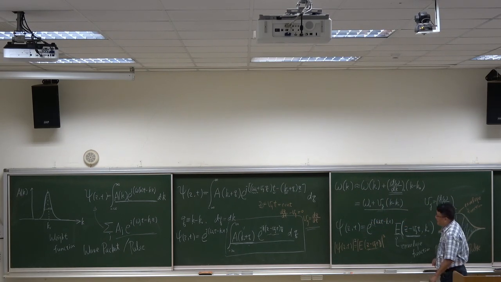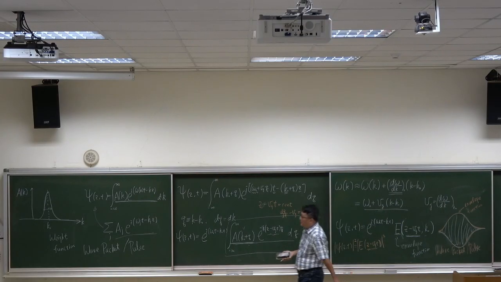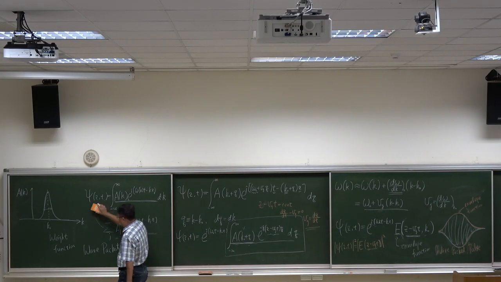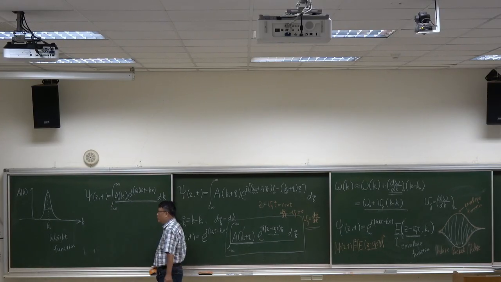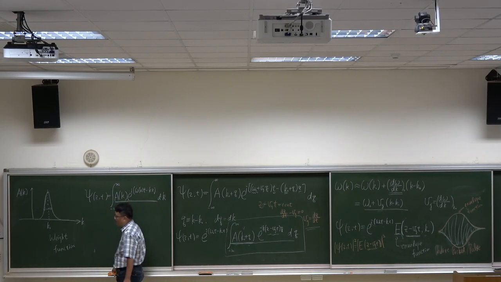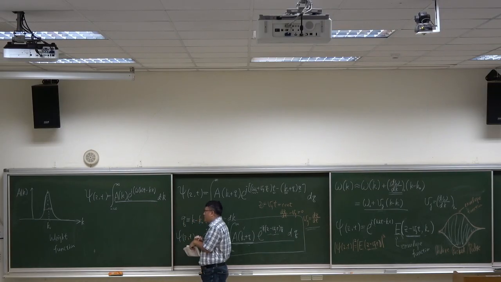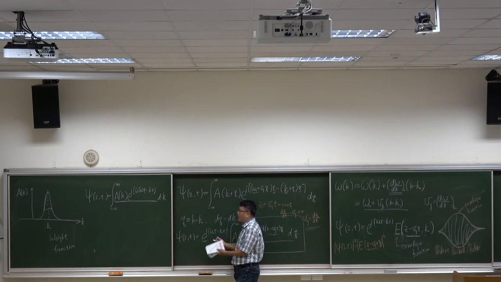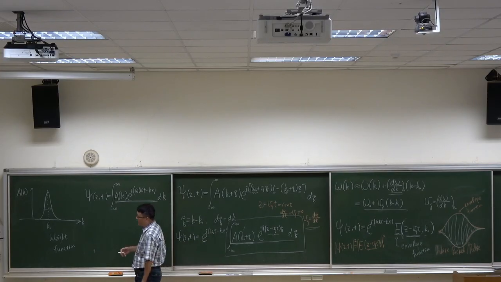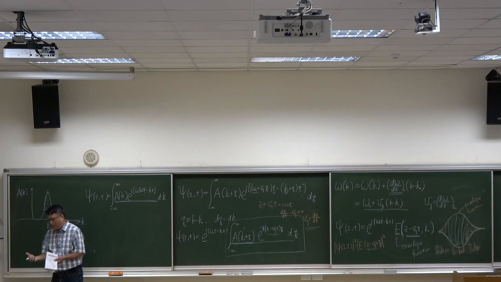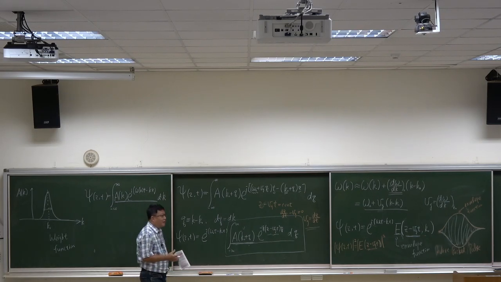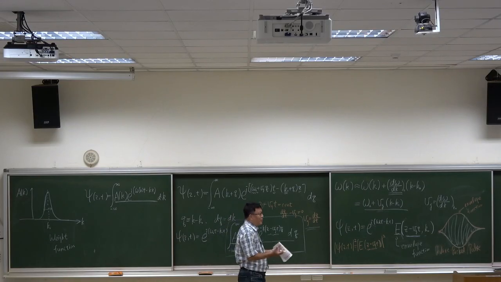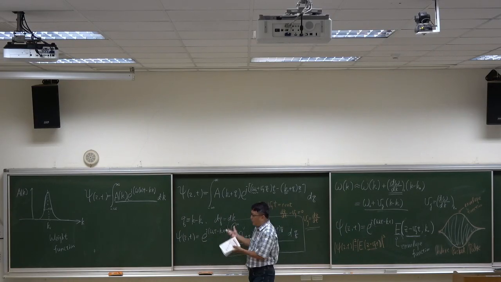However, if you try to apply this formula to a real dispersive material, then sometimes you encounter more complicated situation. For example, for most of the material, we have so-called loss. Loss means that the medium can absorb a part of the wave energy.